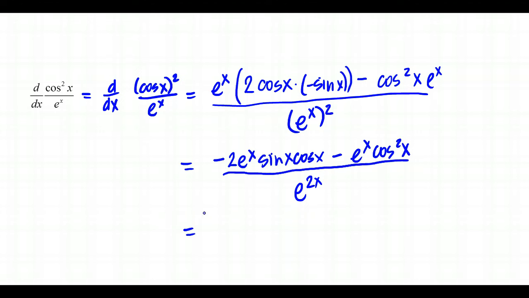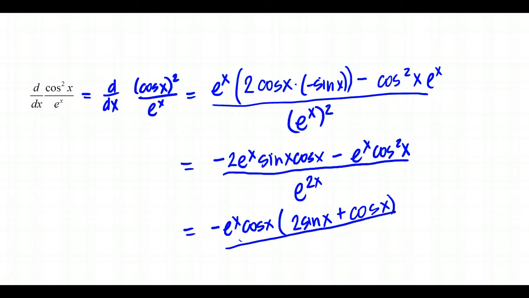And now I can, let's see, I can factor out of the numerator an e to the x and a cosine x and a negative. So let's pull out negative e to the x cosine x. And what I'd have left is 2 sine x plus, because I pulled out a negative, cosine x all over e to the 2x.